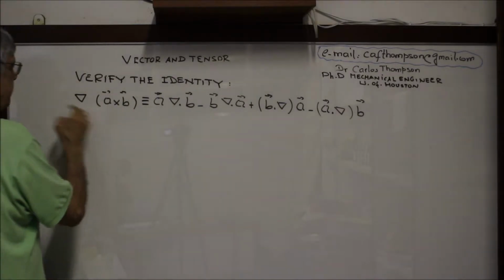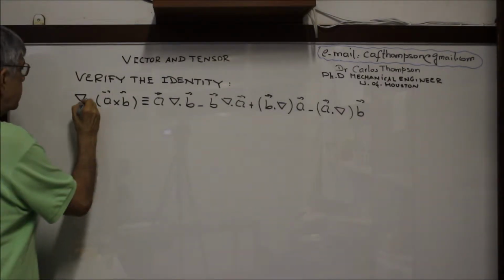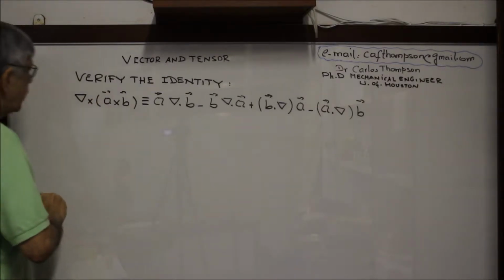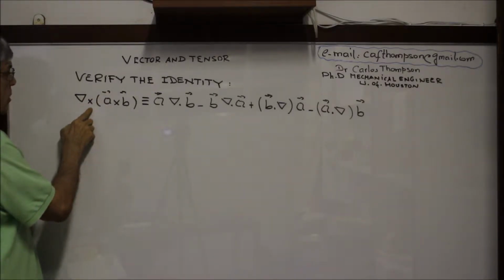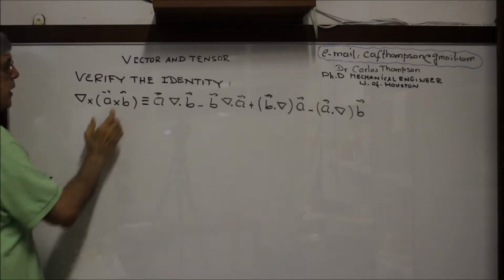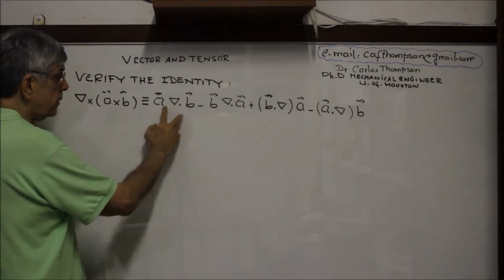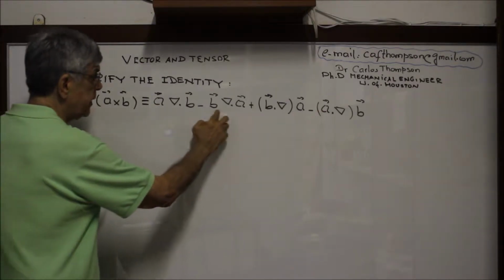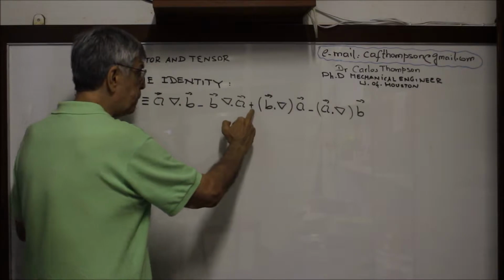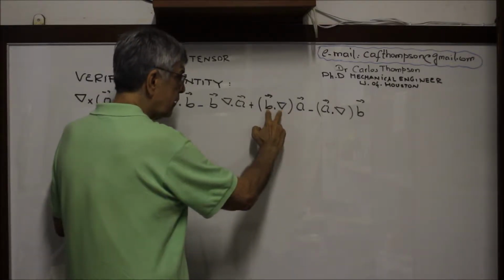Verify the identity. Now, here, the curl of the cross product between A and B is identical to A divergence of B minus B divergence of A plus B dot nabla.